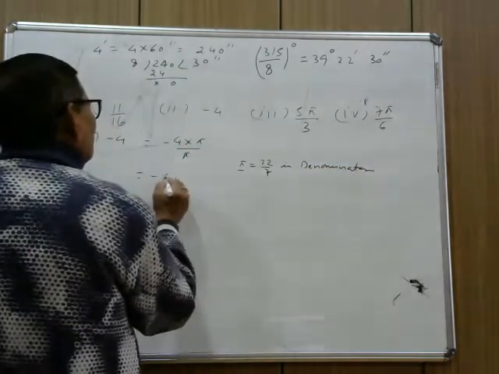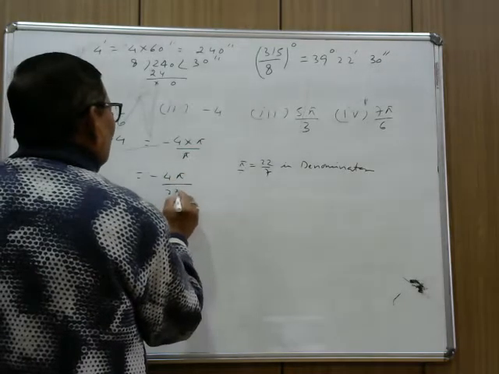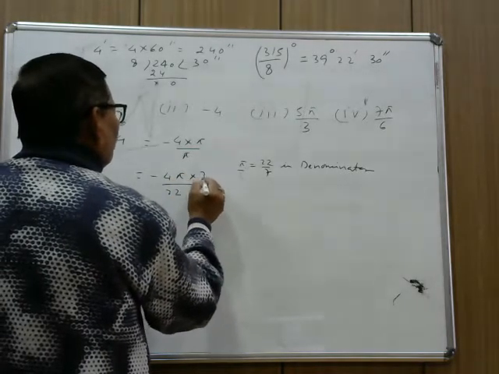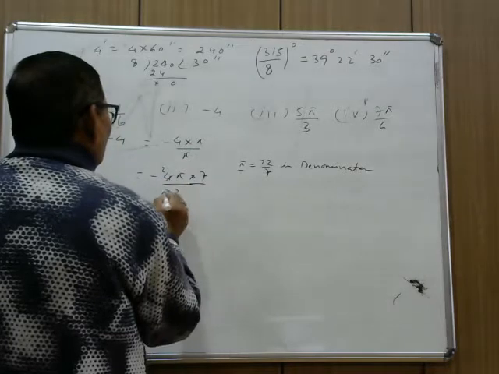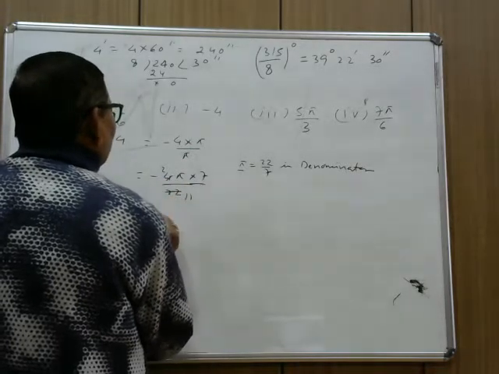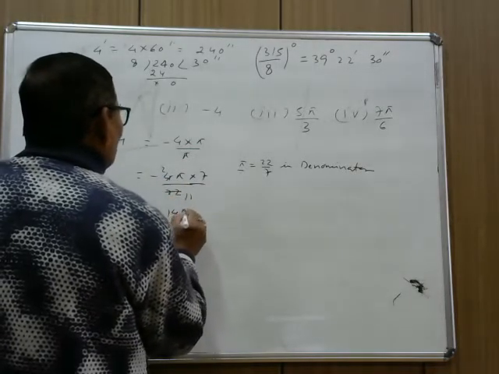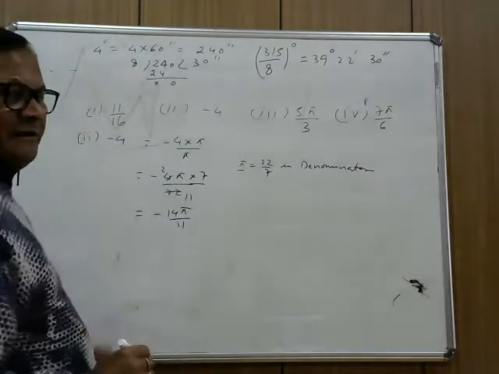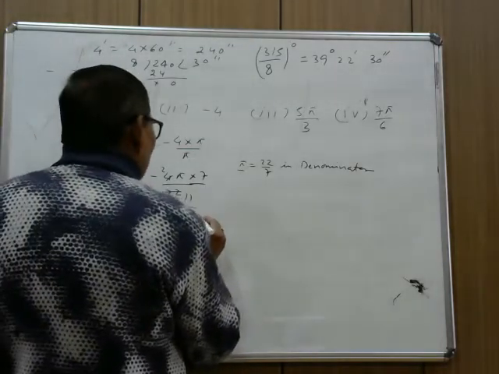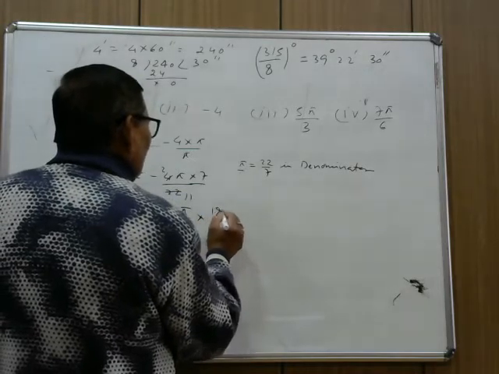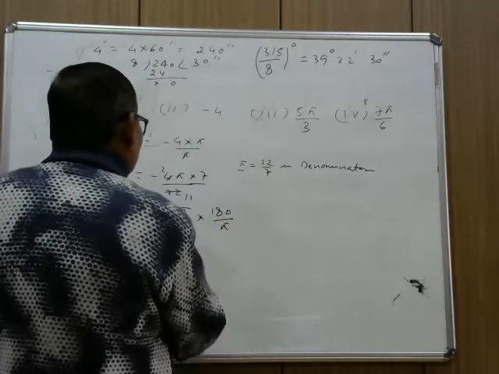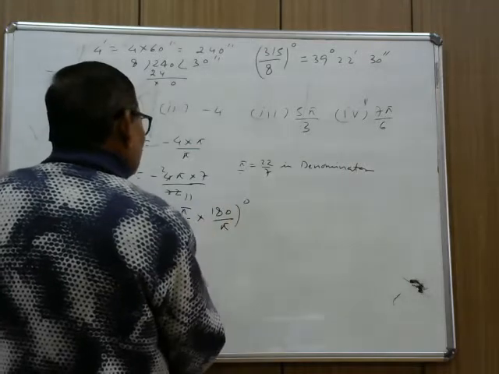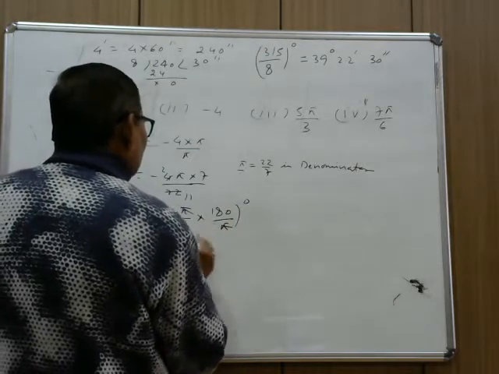That is -4 pi upon 22 into 7. 2 twos are 4, 11. That is equal to -14 pi by 11. In order to change pi radian into degree, you have to multiply it by 180 upon pi, this much degree. So pi and pi will be cancelled.